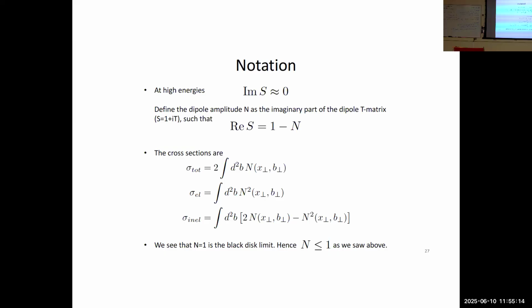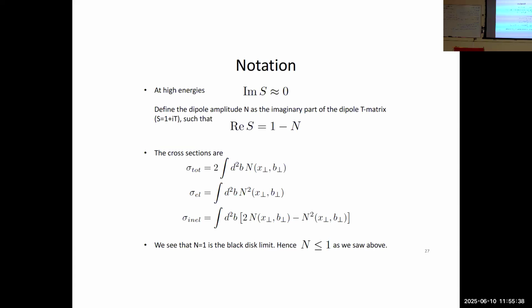So what do you think happens if I solve this equation? Would I violate unitarity? Would n become greater than 1? It seems like it, right? I mean, we have a positive definite kernel. So as I increase energy, the kernel would try to increase my dipole amplitude.